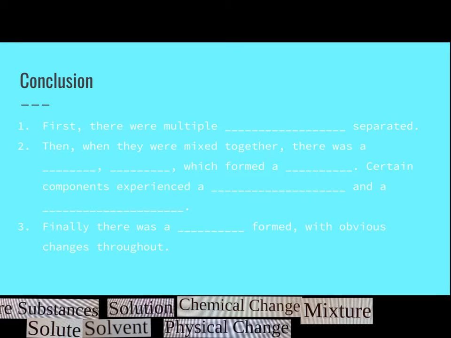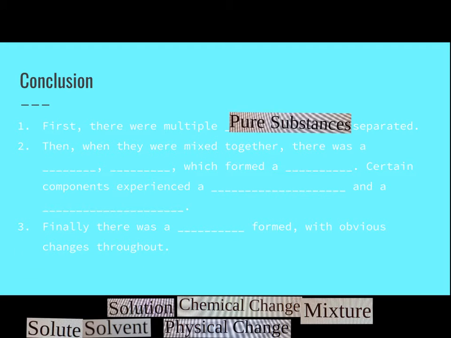Okay, so in conclusion, there were multiple pure substances to begin with. For example, the oil, food coloring, water, and the tablet itself. Okay, and none of the components have bonded together, which really makes a substance pure.